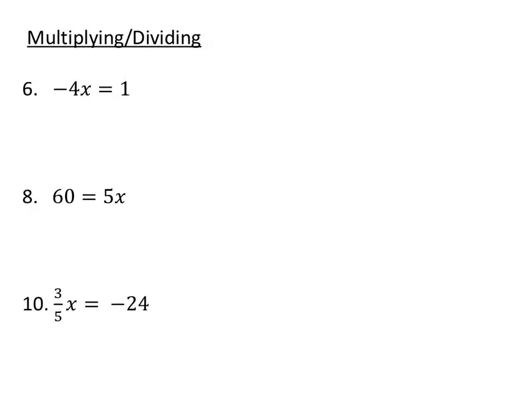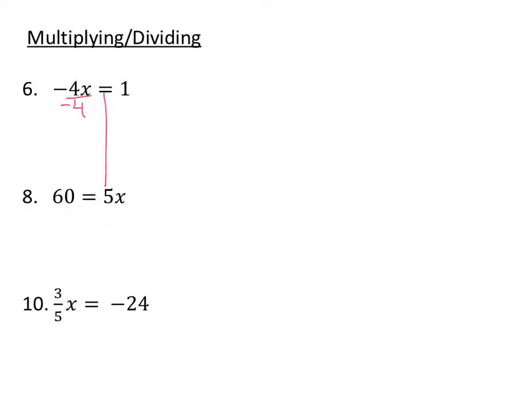So if I look at number 6, I'm going to draw the line straight down. I ask myself, what am I doing with negative 4 and x? Since there's no plus or minus in between, it's negative 4 times x. Since it's times x, the opposite of multiplying is dividing, so I'm going to divide by negative 4.